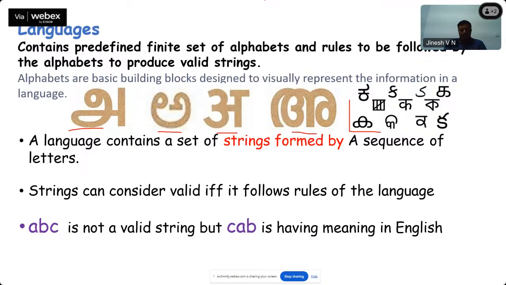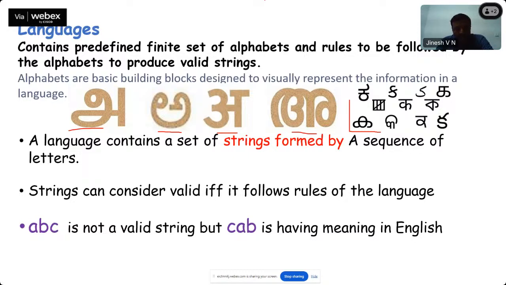Formally, we can say a language contains a set of strings, and the strings are formed by a sequence of letters, which again come from the alphabet. Strings are considered valid if and only if they follow the rules of the language. If you write just some sequence of letters, you will not get a valid or meaningful sentence in a specific language.